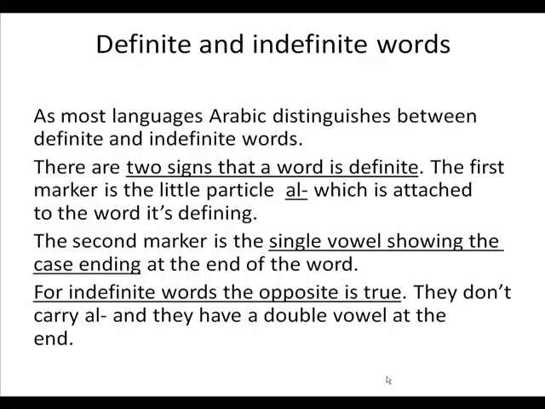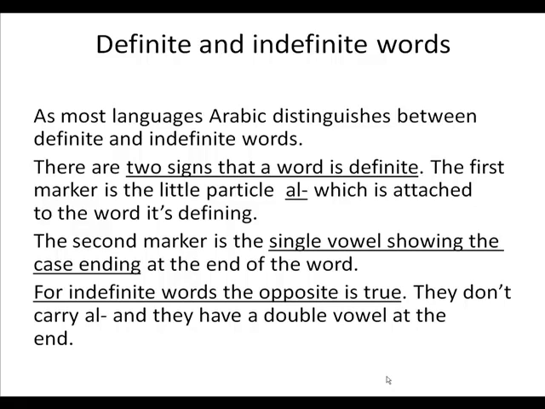When you have seen the text now, we have read a couple of texts, you've seen that at the end of the words there are also vowels, right? It could be a damma, a kasra, or a fatha, an a, u, or i vowel at the end. When a word is definite, the last vowel is always single.